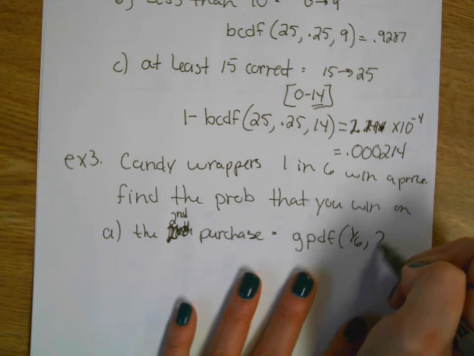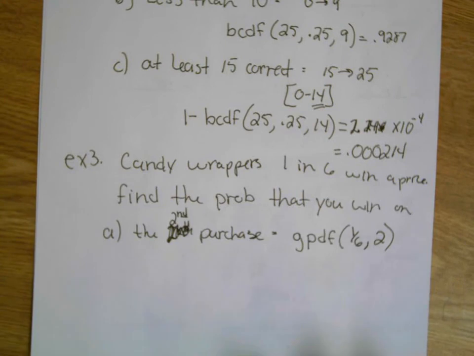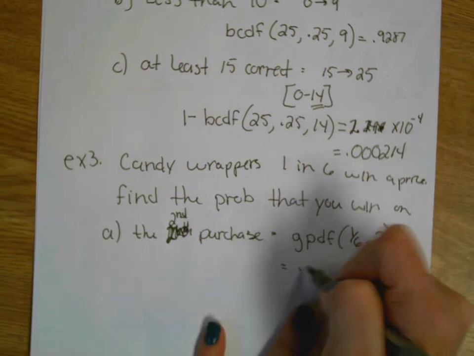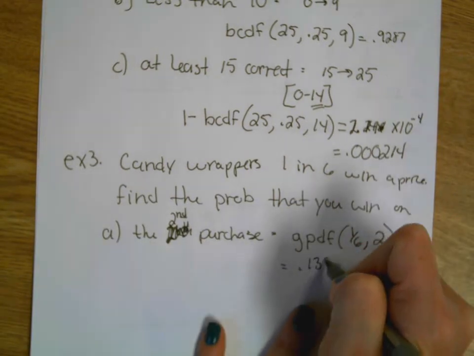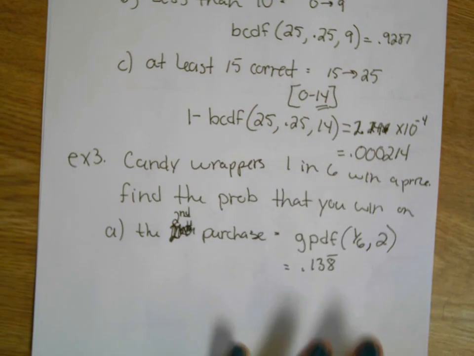And we are looking for the second trial. You could type in 1/6 in there, it's not a problem. What is it? 0.138, with the 8 repeating.